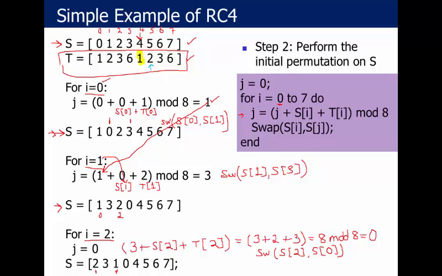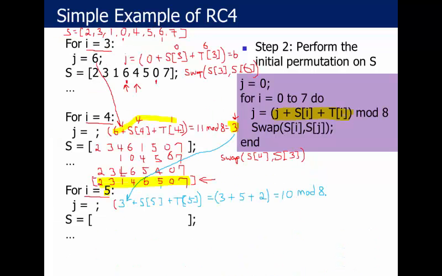Where are we? Okay, here. So what is the modular result? 2. Once you have this, then swap S of I, which is 5, the 6th position, and S of 2, which is the 3rd position. 3rd and 6th.